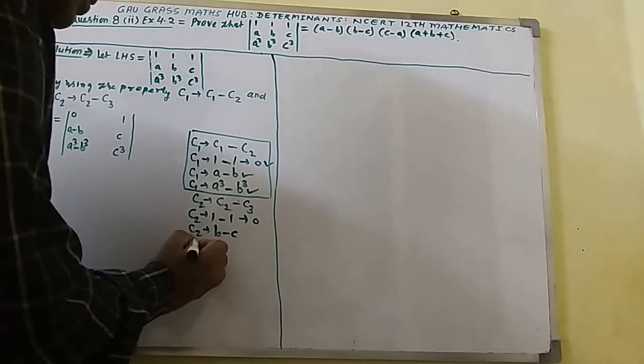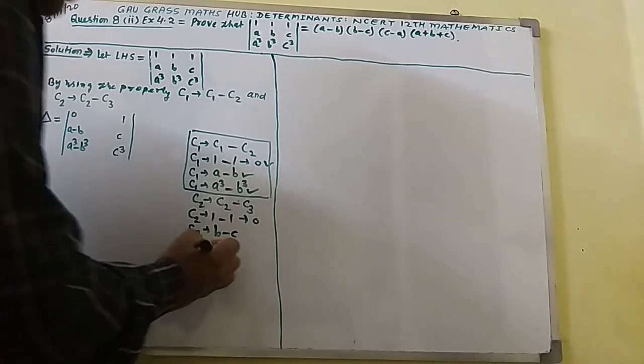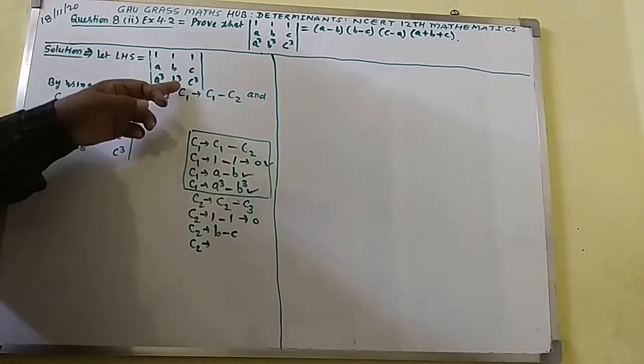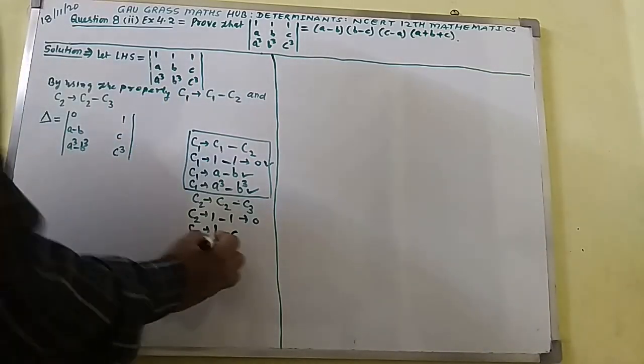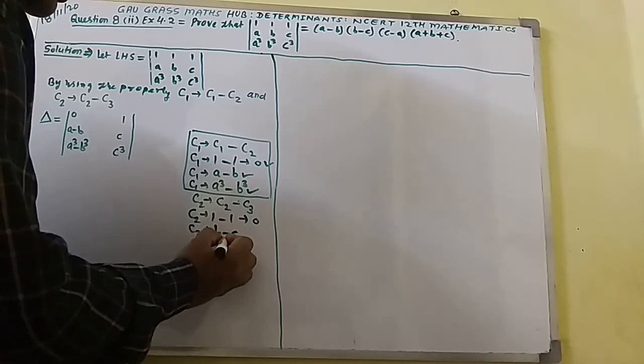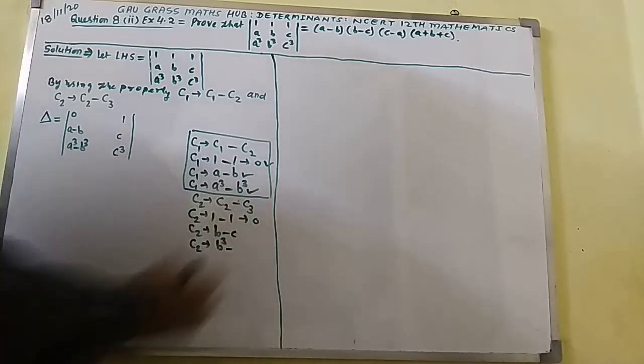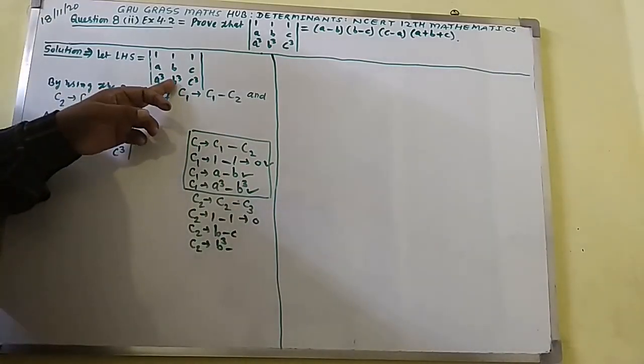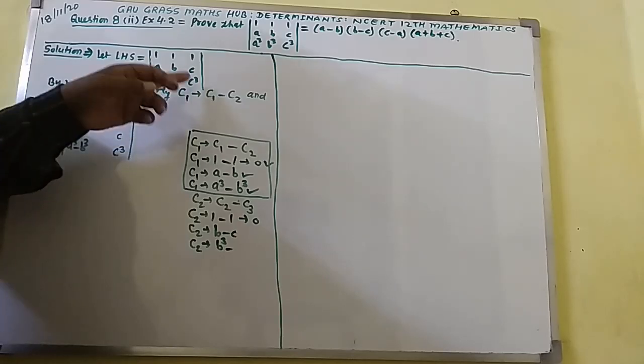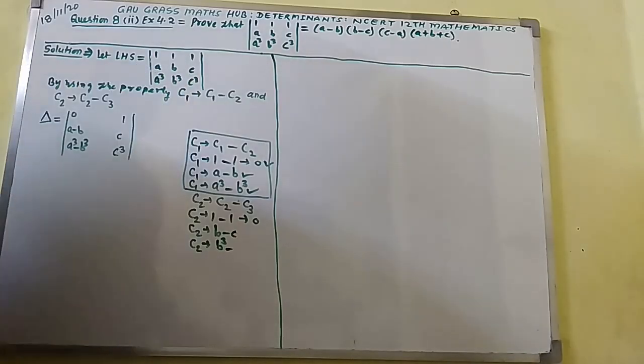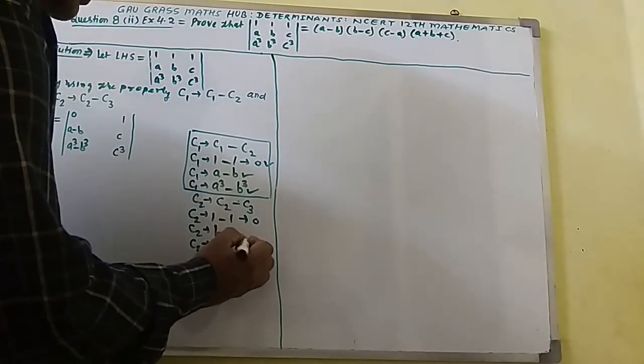And again, C2 goes to, if I take the element of C2 as b cubed, so here write b cubed, minus, and the corresponding element of b cubed in the third column will be c cubed. So here write c cubed.